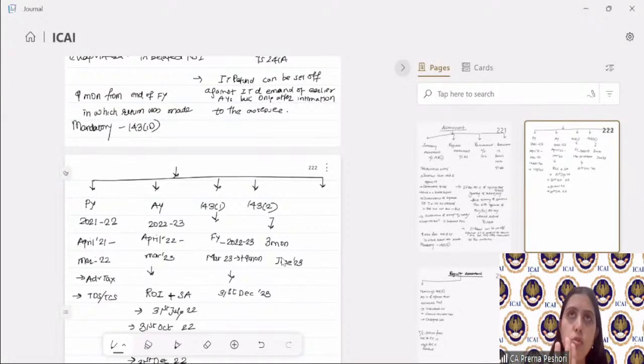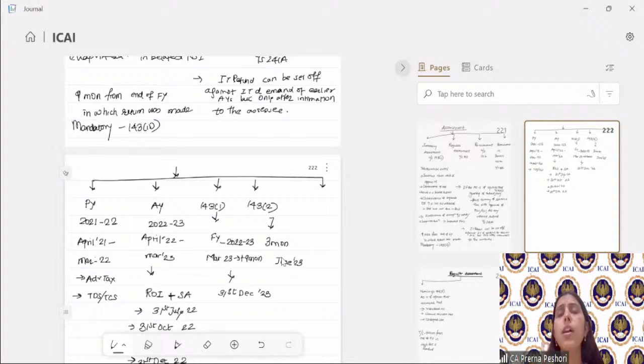Why? Because whatever incorrect claim is there and whatever tax arises on that, the assessee should at least pay that. Or if any refund is due, that also can be released to the assessee before the assessment is made. But if the AO is of the opinion that granting the refund will be adverse to the revenue, then he may withhold the refund till the assessment order is made.